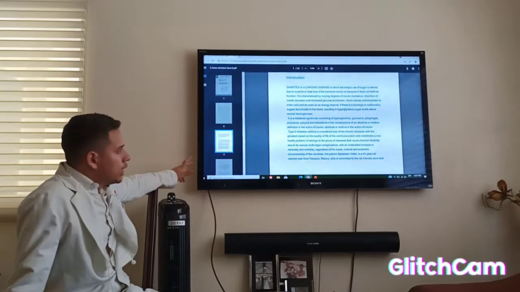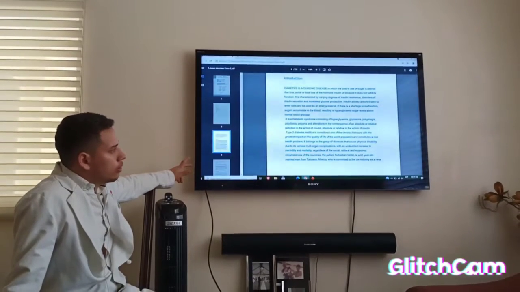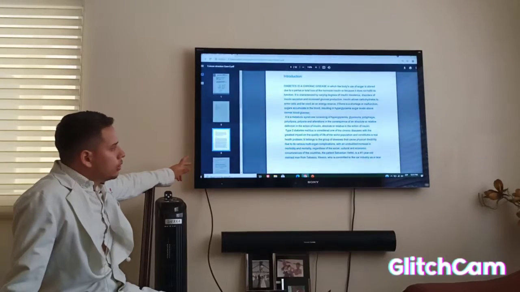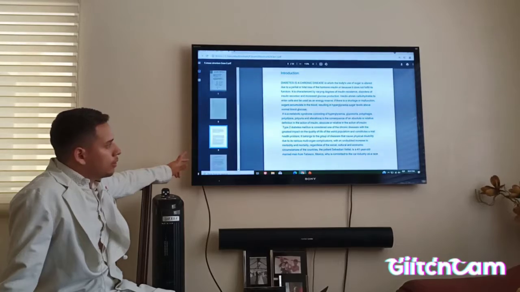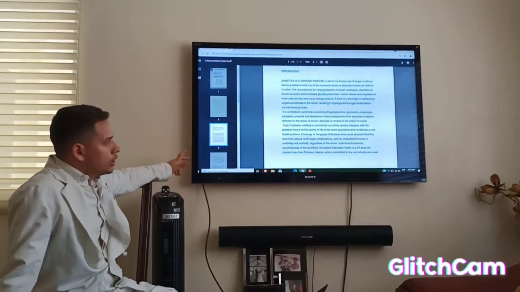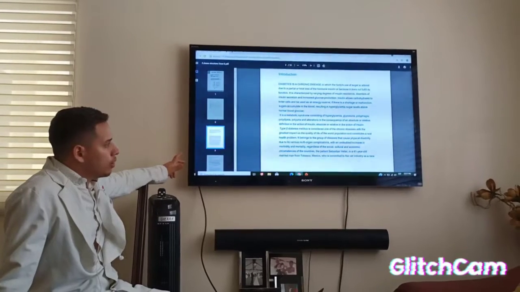Type 2 diabetes mellitus is considered one of the chronic diseases with the greatest impact on the quality of life of the world population and constitutes a real health problem.